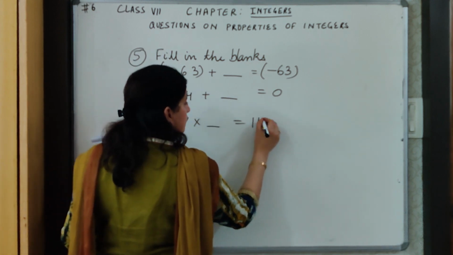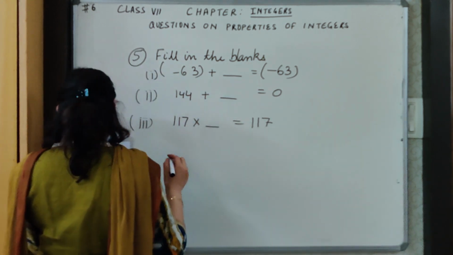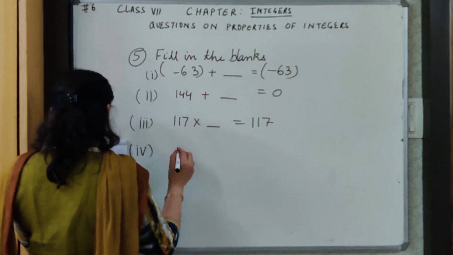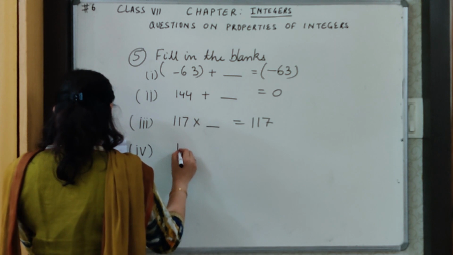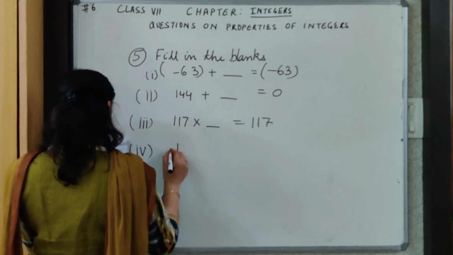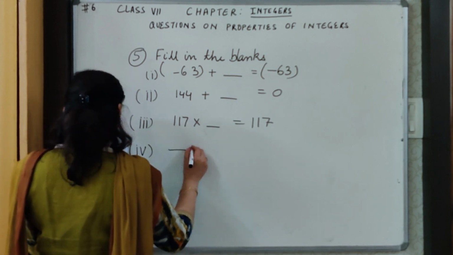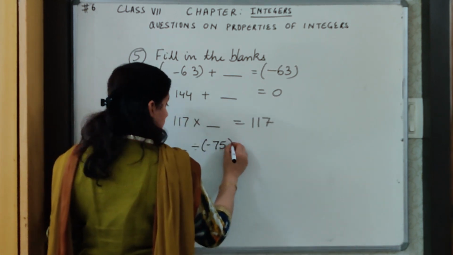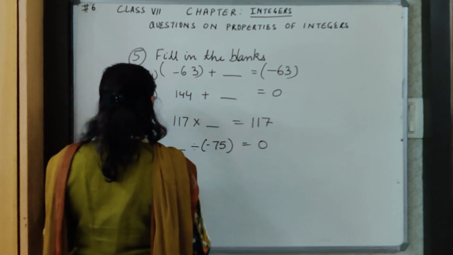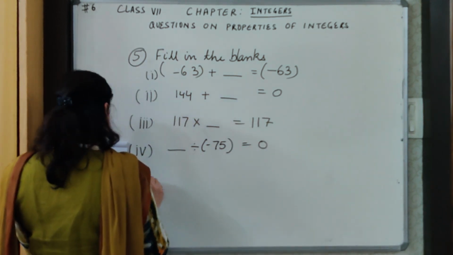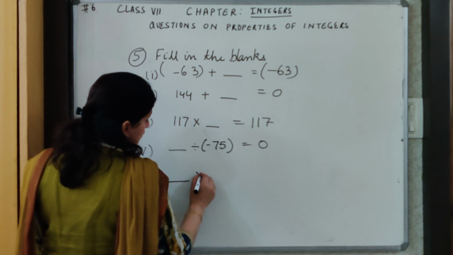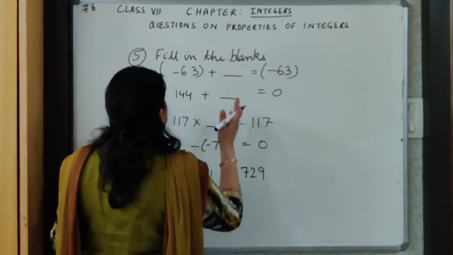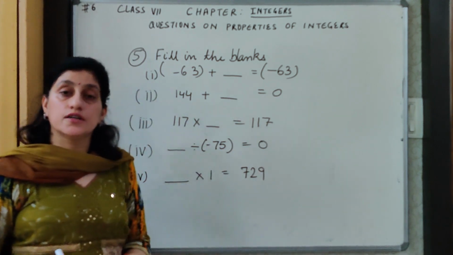Dash multiplied by 1 is equal to 117. Then in the next one we have a dash divided by minus 75 is equal to 0, and then last we have dash into 1 is equal to 729. So these type of questions you have done earlier also.